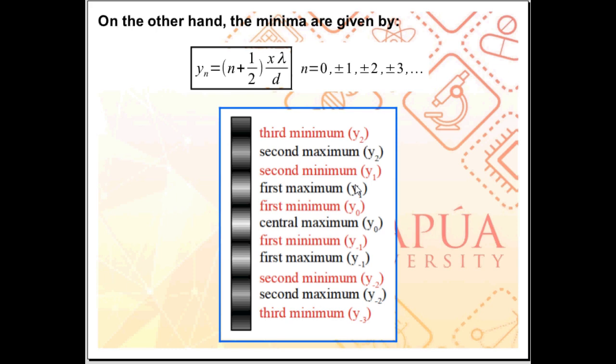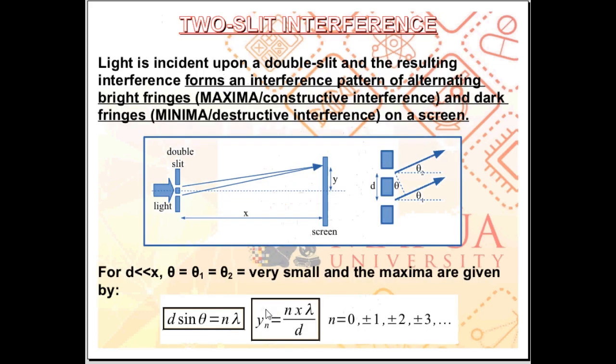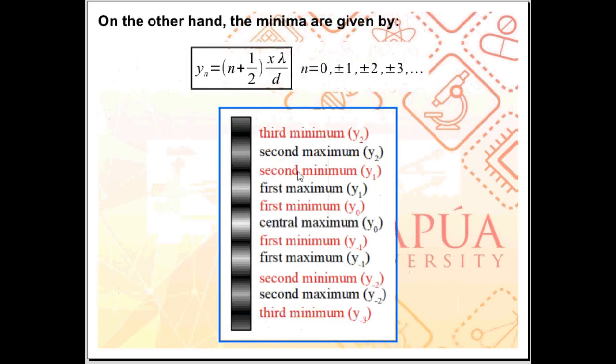So if the problem mentions first minimum, that's either y0 or y negative 1 for the locations of the dark fringes. While if the problem tells you the first maximum, that's y1 and y negative 1 for the bright fringes. So please take note of the naming convention for the interference pattern that you will see on the screen.